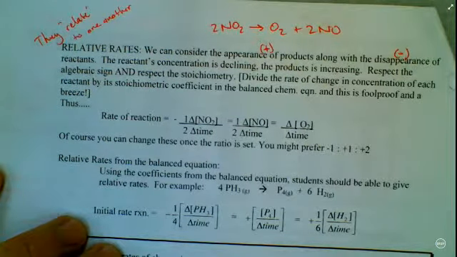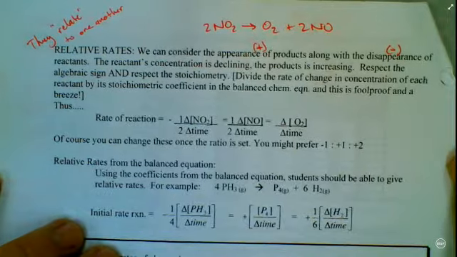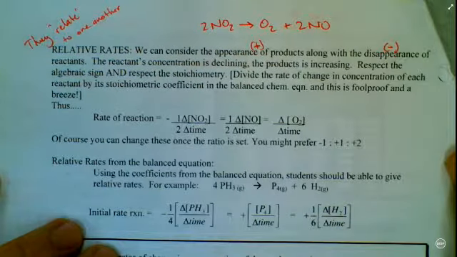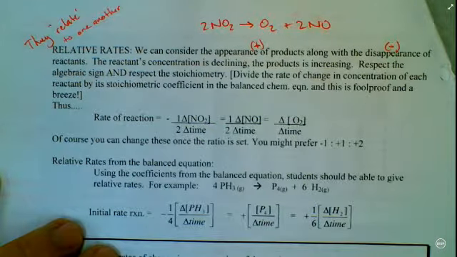The reactant's concentration is declining, right? It's going down. That's why the slope of our line that's tangent to the curve of NO2 was negative. It's a negative slope. The concentration is declining. The product is increasing. We need to respect the algebraic sign and respect the stoichiometry.